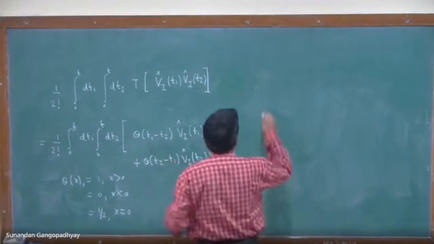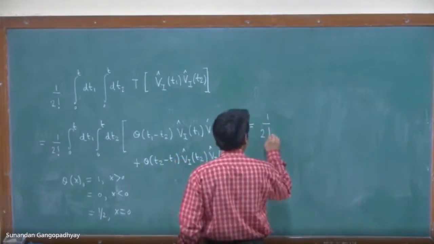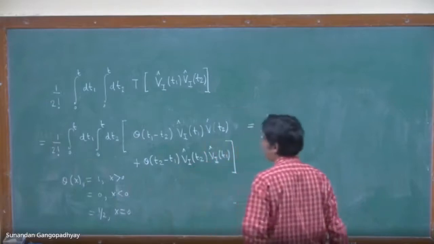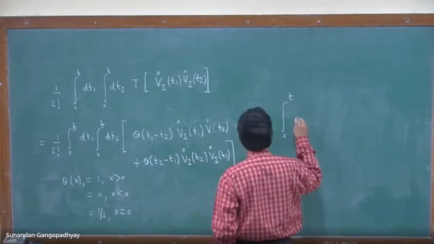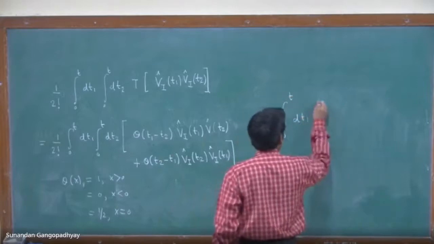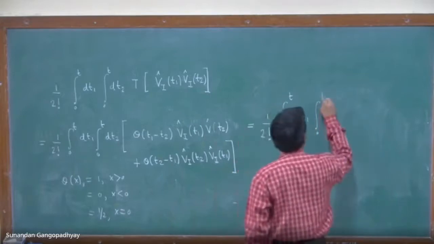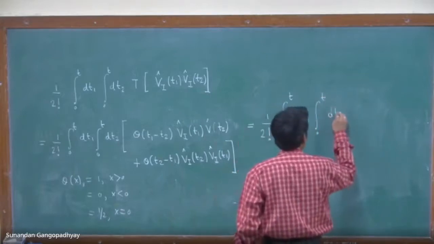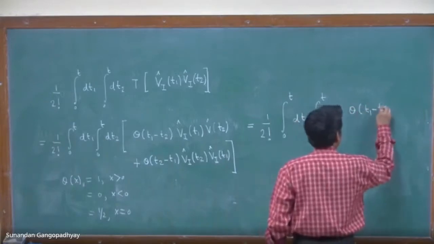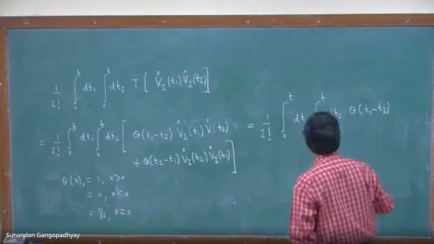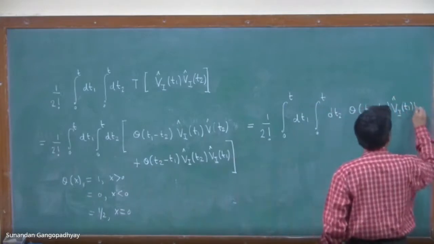This is basically equal to 1 by 2 factorial, integral 0 to t dt1, integral 0 to t dt2, theta of t1 minus t2, V hat I t1, V hat I t2.